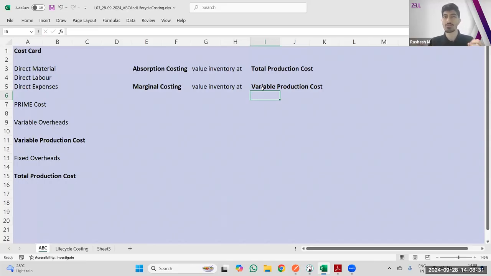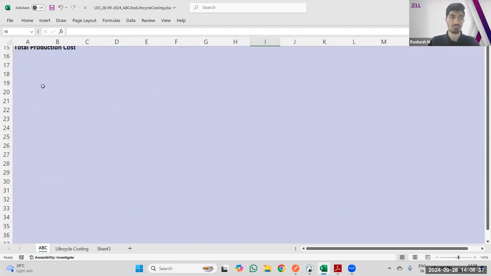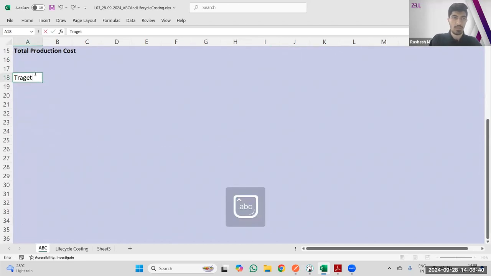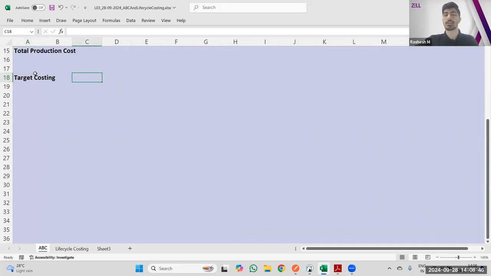Now, anyone would like to just take a 30-second explanation to the class on what target costing is? Anyone would like to try their hands at teaching? A quick revision of target costing. What is target costing? Yeah, Rahul.